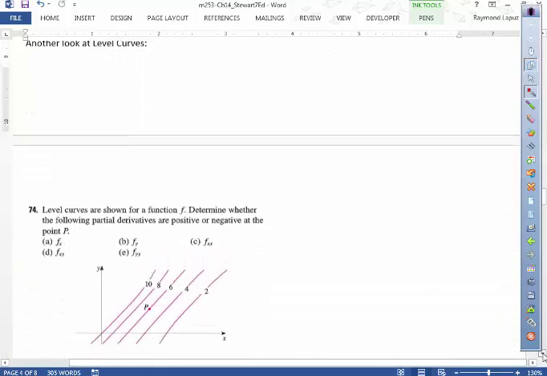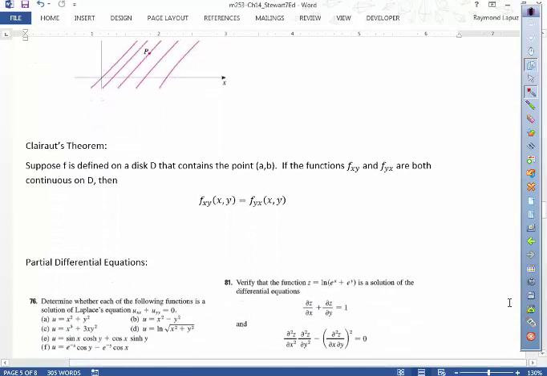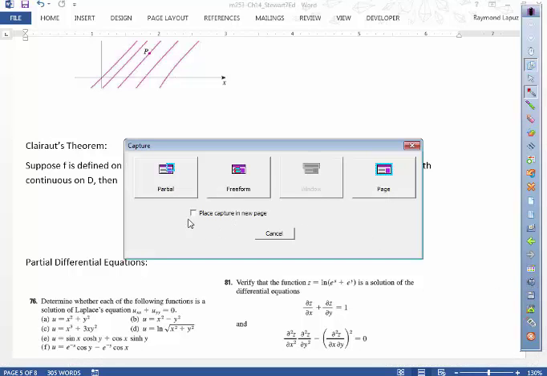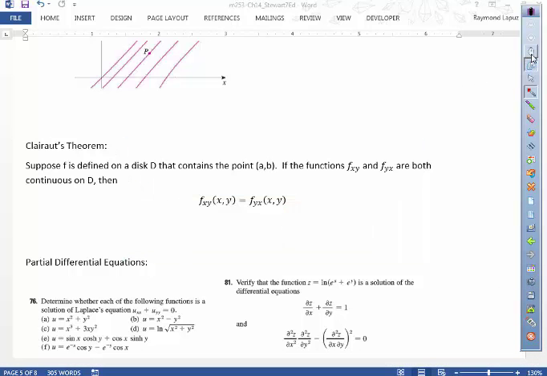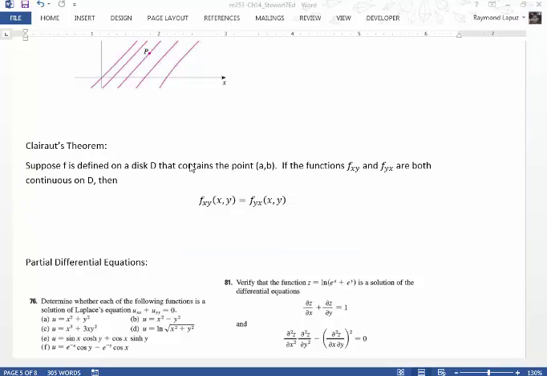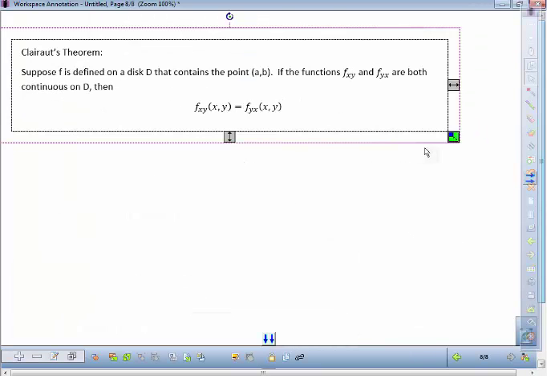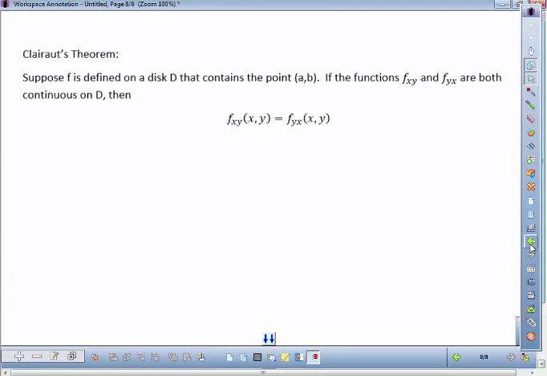Let me... Oh, yeah, they just have to be continuous. So let me just pop on another theorem here, and say that if the function is continuous in some domain that we're looking at, then these two things must equal each other.